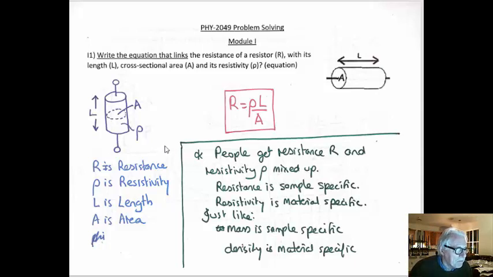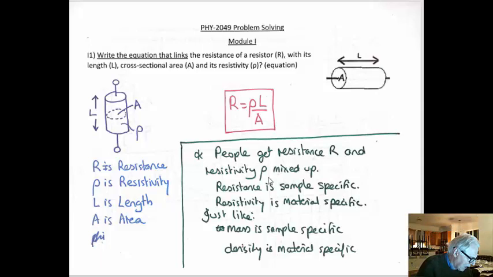And what I say is people get resistance R and resistivity ρ mixed up. Resistance is about a sample. That sample has a certain resistance, whereas the material that sample is made out of, that graphite, has a certain resistivity.